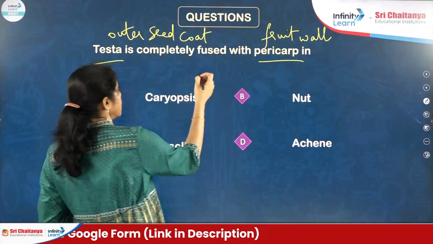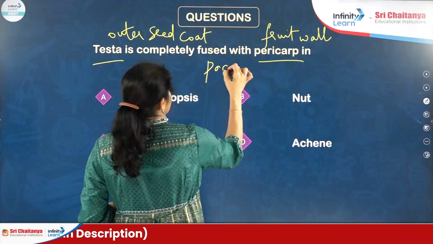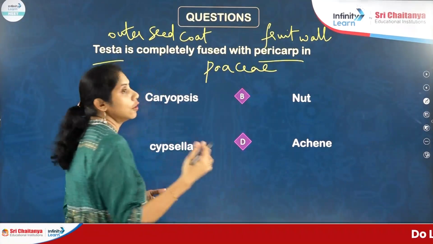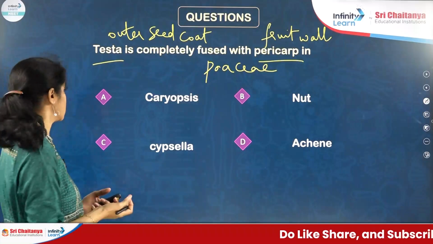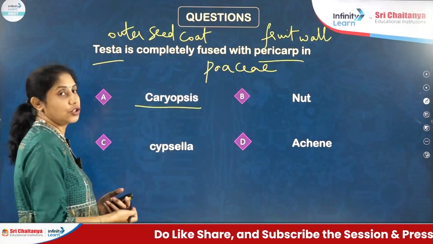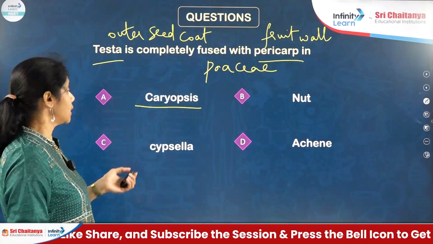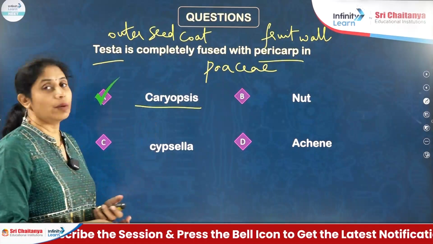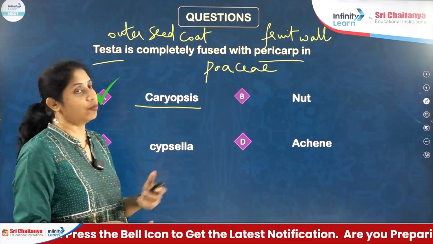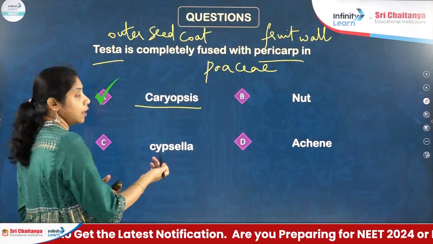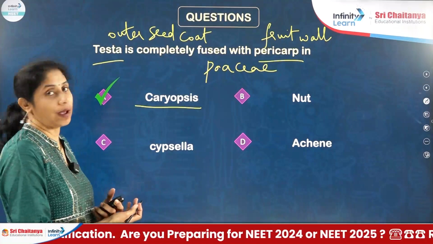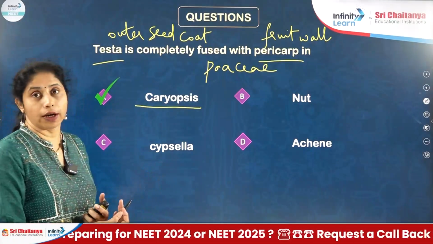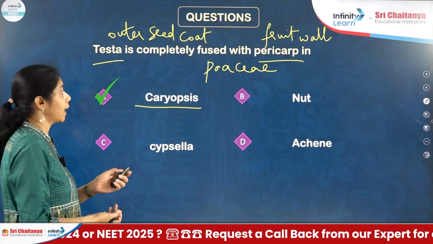You can see this condition in the Poaceae family, and Poaceae will be showing the fruit called caryopsis. The options are caryopsis, nut, cypsela, achene. The correct option will be caryopsis, because this is the fruit of the Poaceae family. Cypsela is the fruit of the Asteraceae family. Achene and nut you did not get in these families. So this will be the correct one.